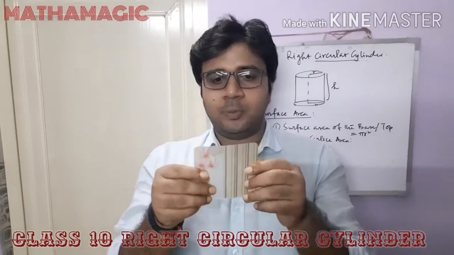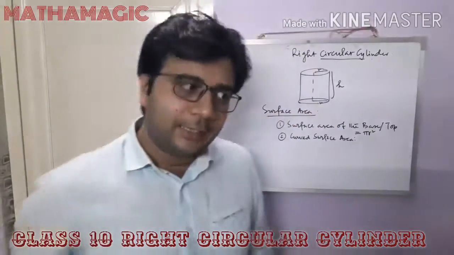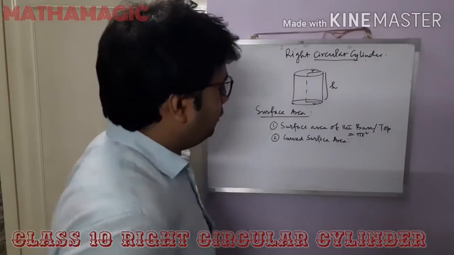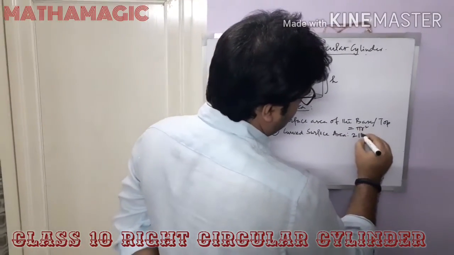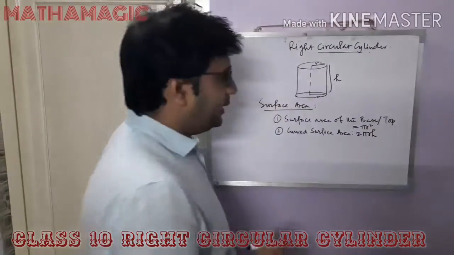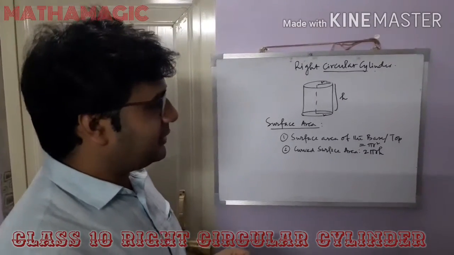So 2 pi r h is the curved surface area of any right circular cylinder, where r is the radius of the base. Now I think you have understood the concept behind calculating the curved surface area.